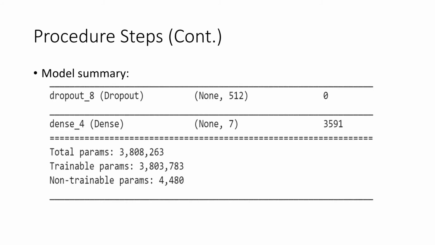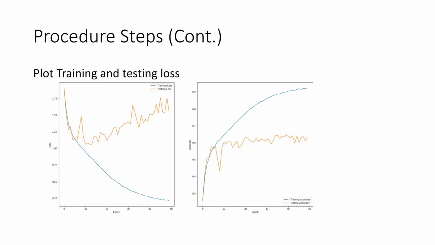And once we build the model, the summary was a very big model, so I just put the last few lines. We have a total of 3 million parameters, and we have trained 3 million parameters, but we still have around 4,000 non-trainable params, which we just wanted to ignore and move forward.